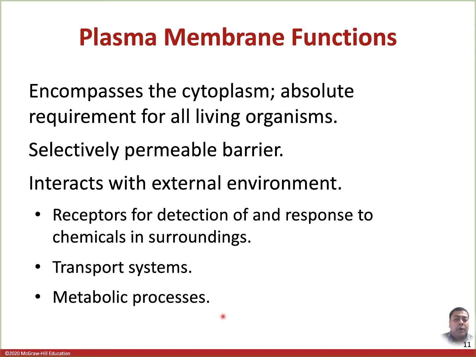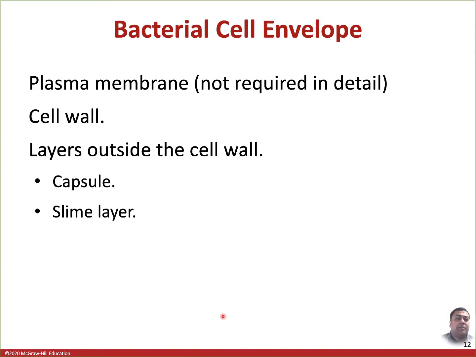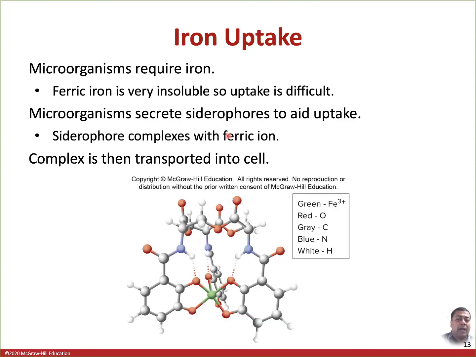Next, we are going to talk about the bacterial cell envelope. We will talk about the cell wall and layers outside the cell wall. These all together make the bacterial cell envelope. Let's dissect this one at a time.